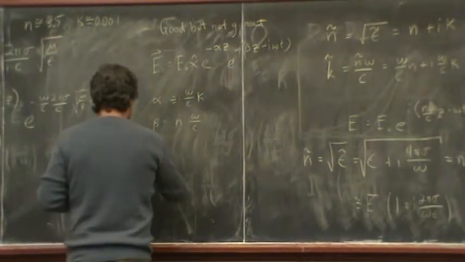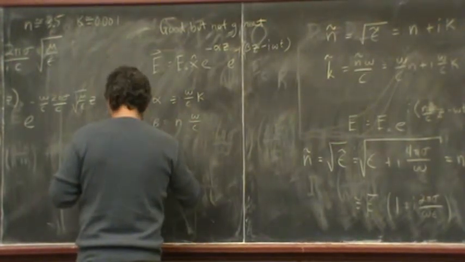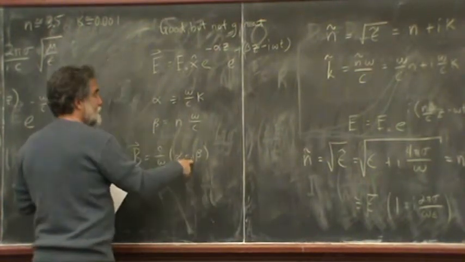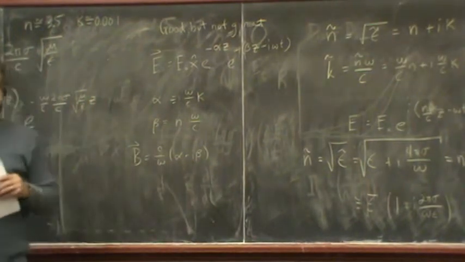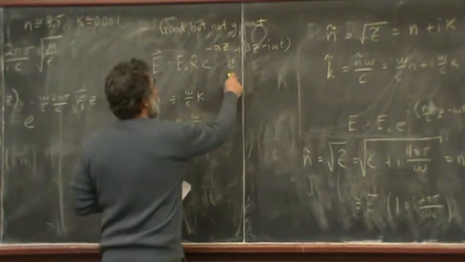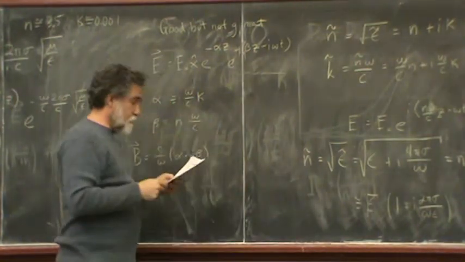So I'm going to write, but this is really the same as what I've got there, c over omega times alpha plus I beta. So explicitly, I've written the, is that e to the minus I beta z minus I omega t? Yes. Okay. The I is kind of hard to see. So this is the traveling wave portion here. The I is not too clear on the line there, I'm sorry.